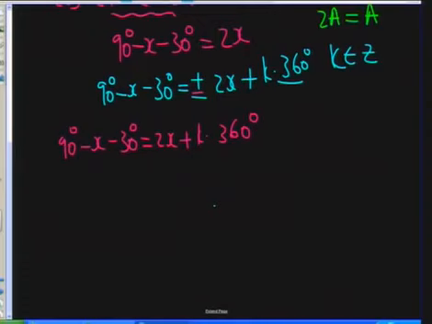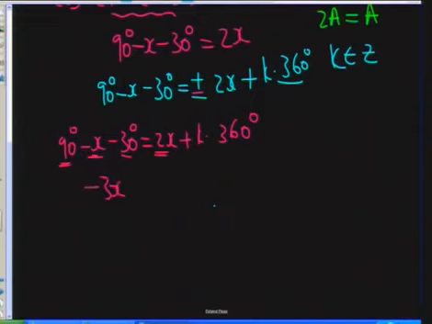I can move this side, which gives minus 3x because I have minus x, then I move the 2x: minus 2x minus x is minus 3x. Then this plus this, which is 60 degrees, is equal to minus 3x, if I take this and this.